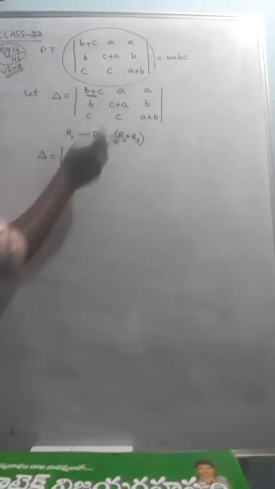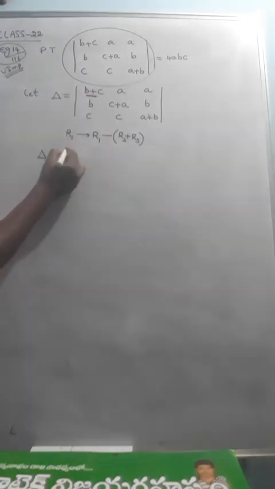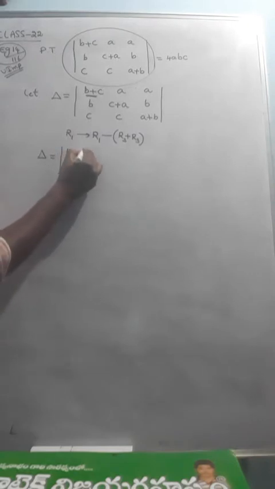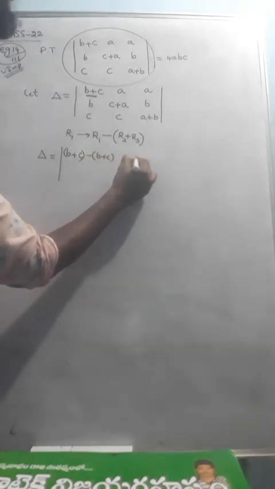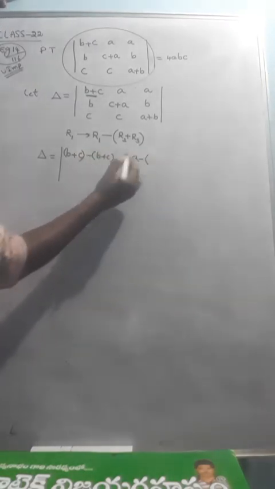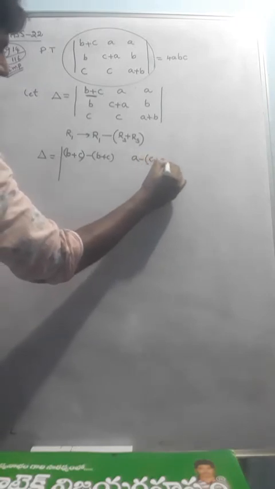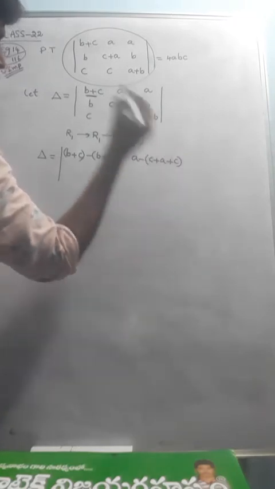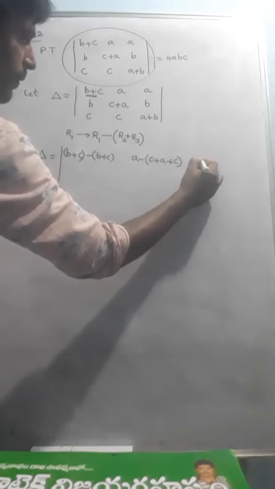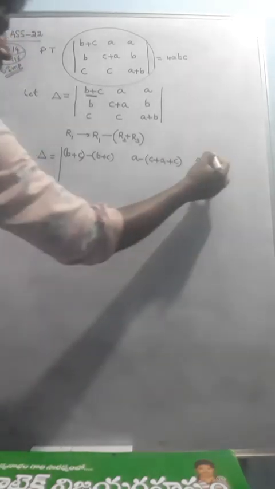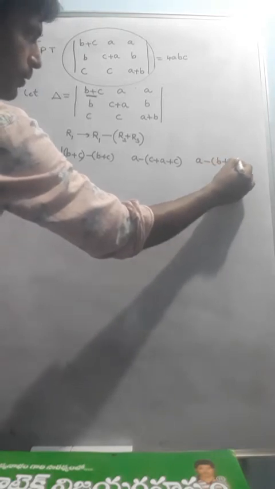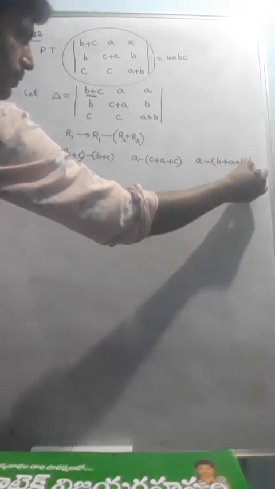Otherwise you can simplify. The R1 value is b plus c minus b plus c. Next R1 value is a minus of R2 value c plus a plus R3 value c. Next R1 value is a minus of R2 value b plus R3 value a plus b.